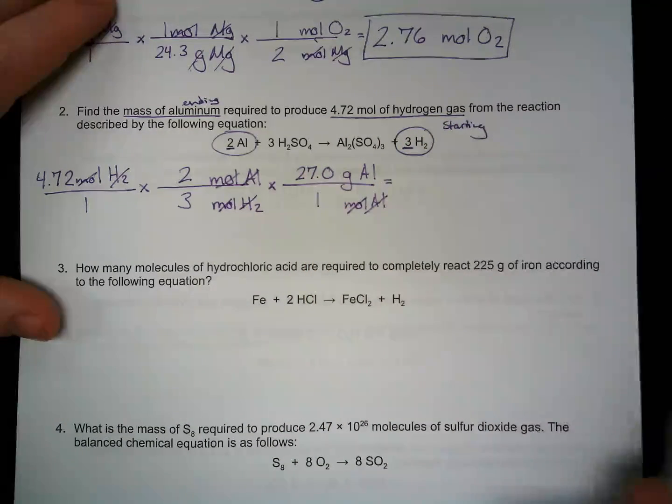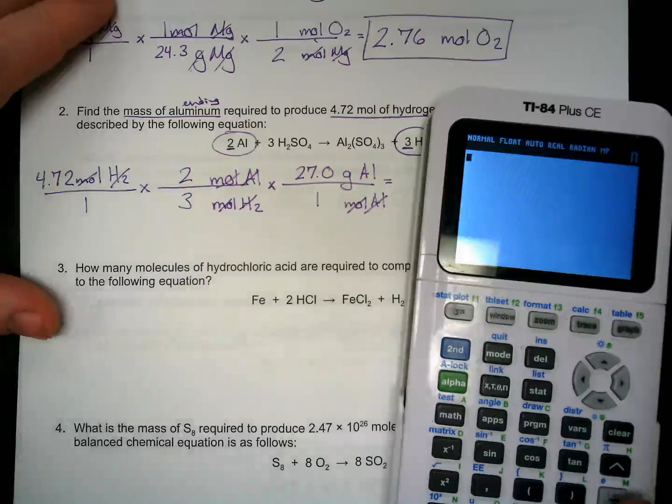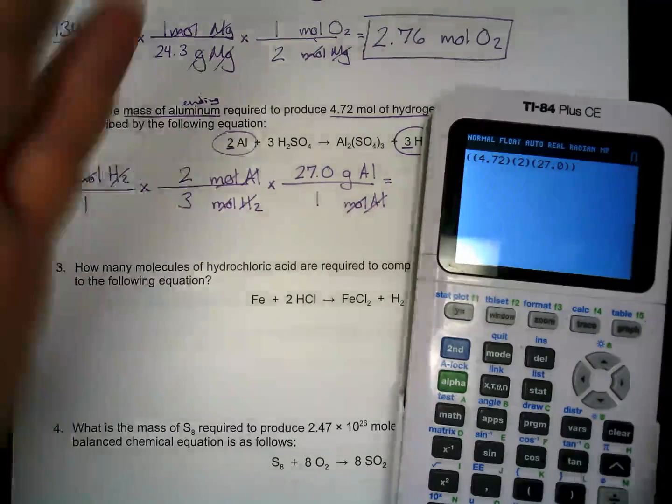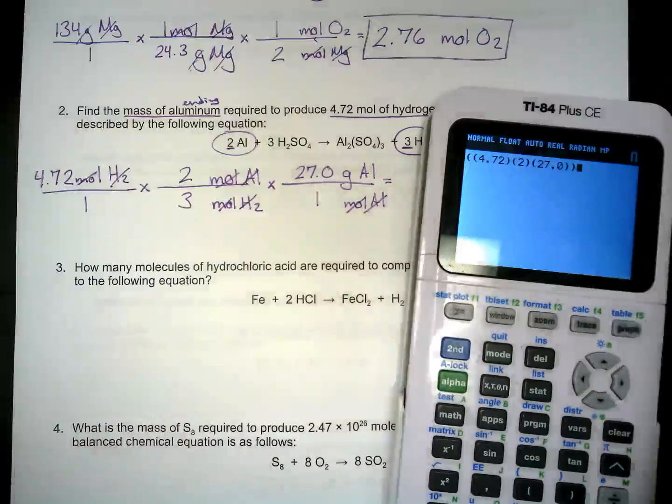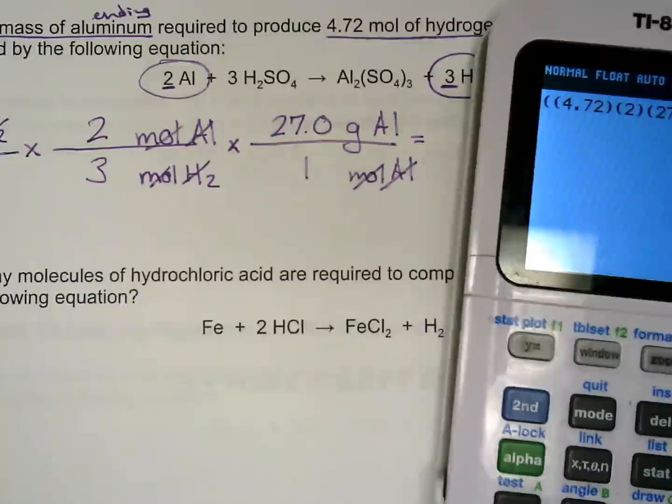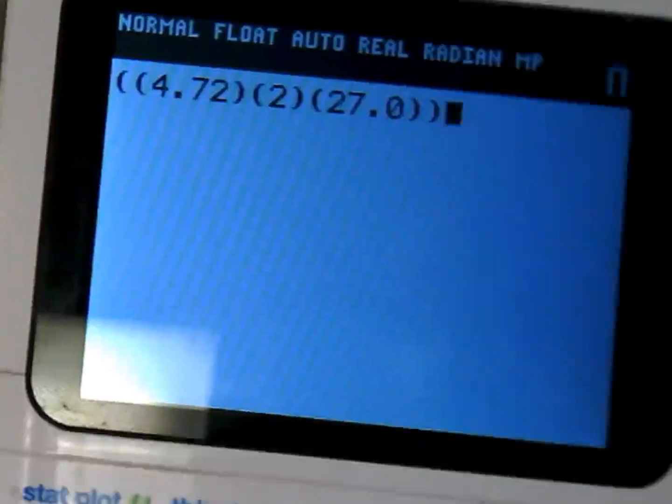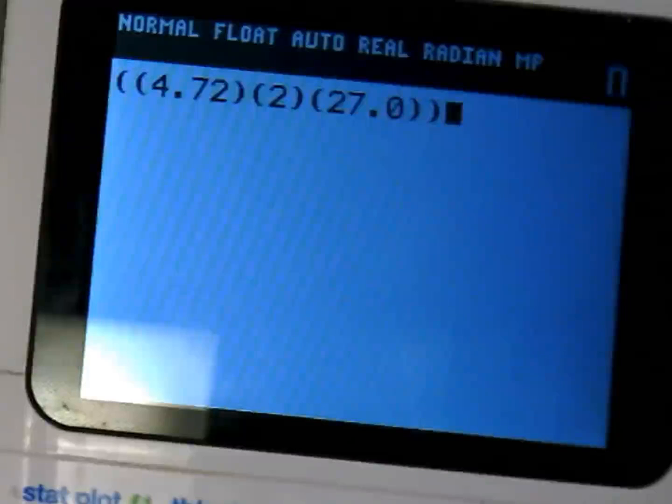And then let's pop that into the calculator. So that's going to be 4.72 times 2 times 27.0, all encompassed in one big old, here, I'll zoom in on the calculator, by the way, so you can really see it.